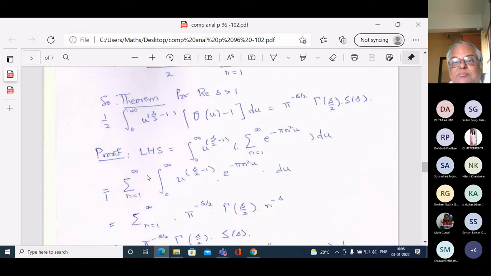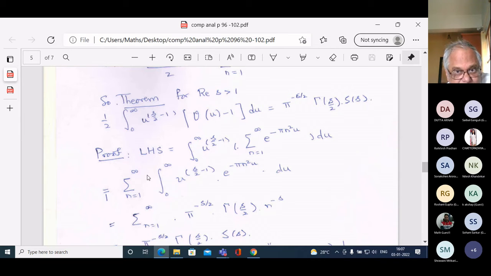Okay. So I'm taking the sum out. With this quantity, you get u to the s by 2 minus 1 into e to the minus pi n squared u du. But we have just shown that that quantity is pi to the minus s by 2 gamma s by 2 n to the minus s.